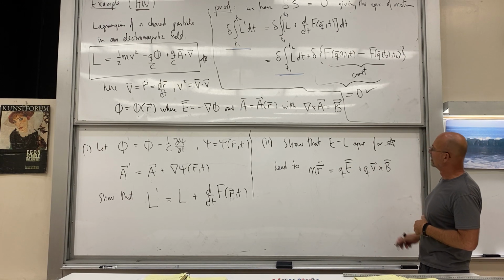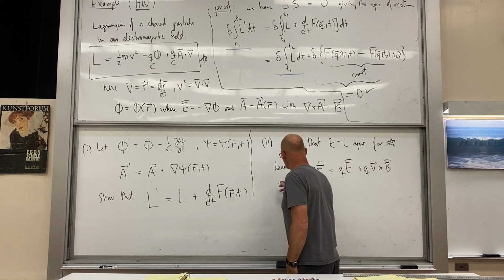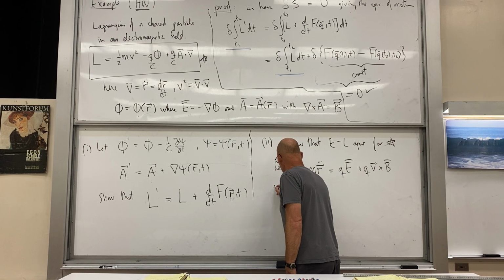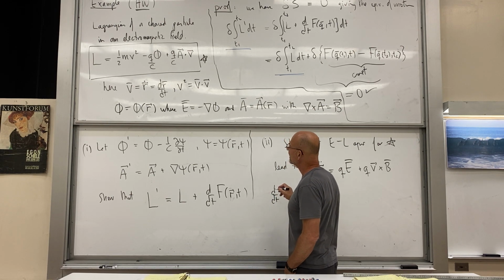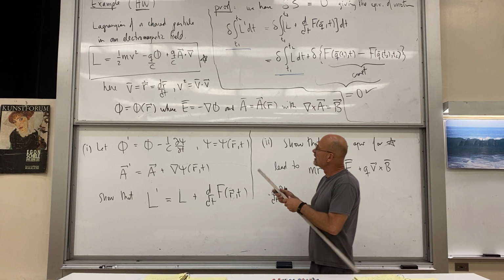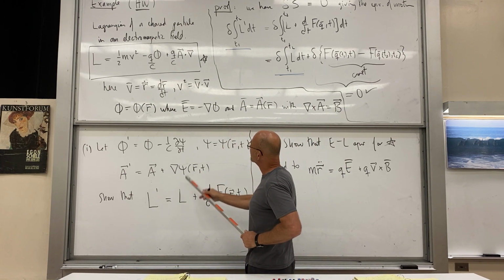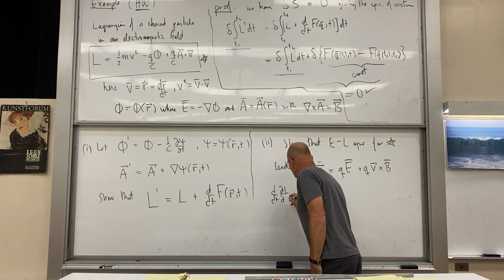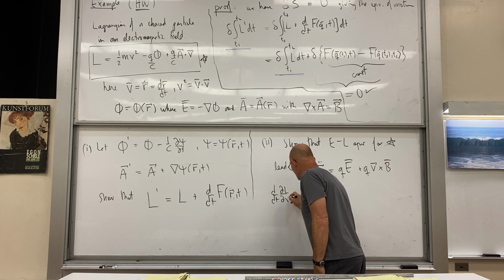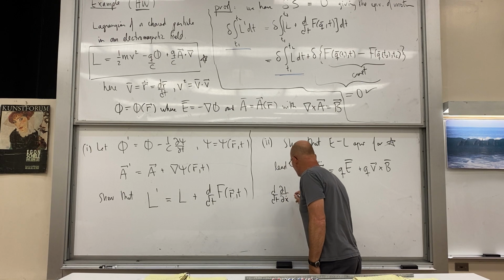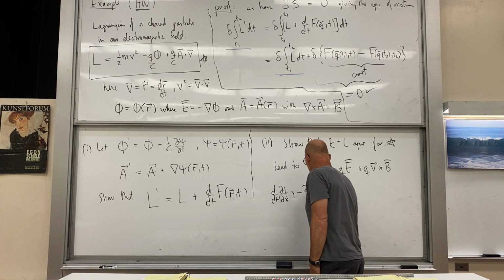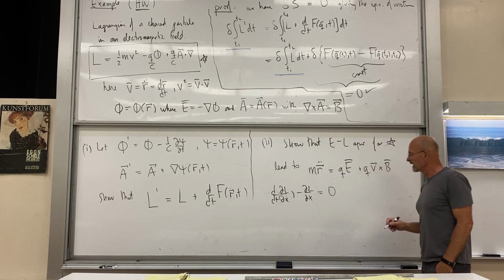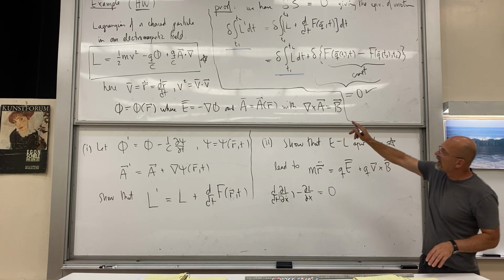Now, what we're looking at is d/dt of dL/d x dot minus dL/dx is equal to 0. And by the way, you don't have to do it for L prime here, you just do it for this original L. You can say r is equal to x, y, and z.